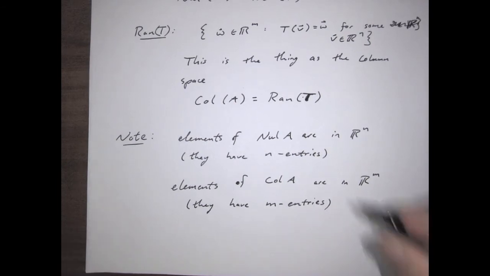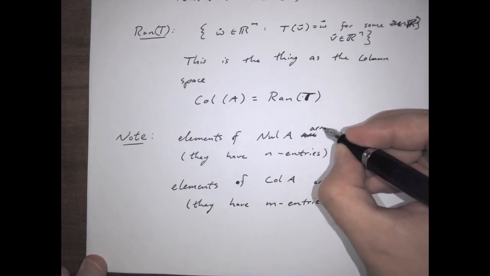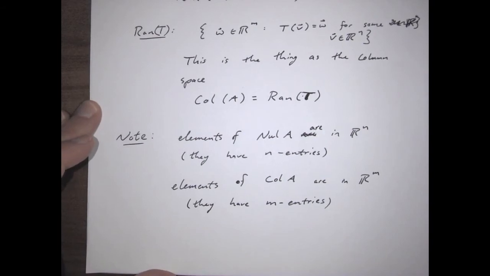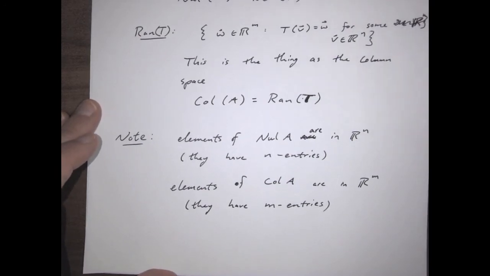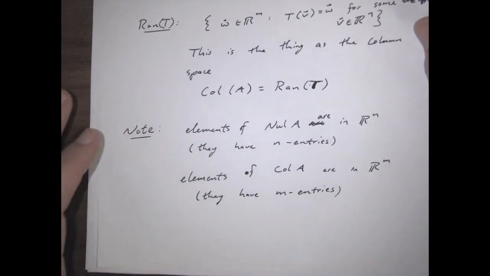The null space and the column space are made up of vectors of different sizes. Null space vectors are in Rn, where n is the number of columns of the original matrix, whereas the column space consists of elements of Rm, so that's the number of rows of the original matrix.